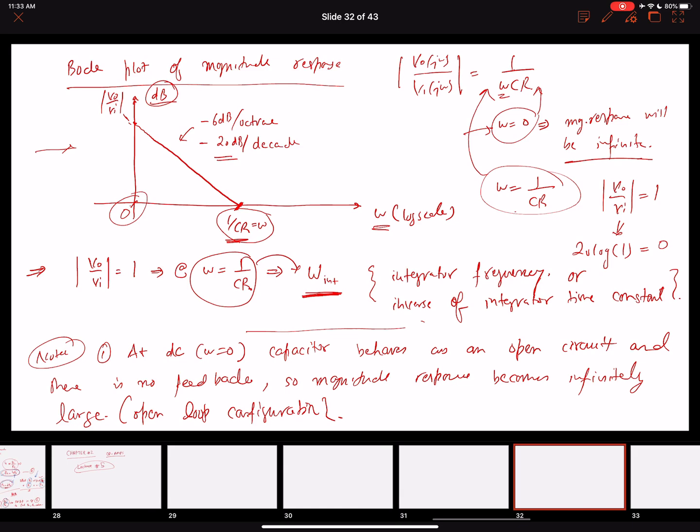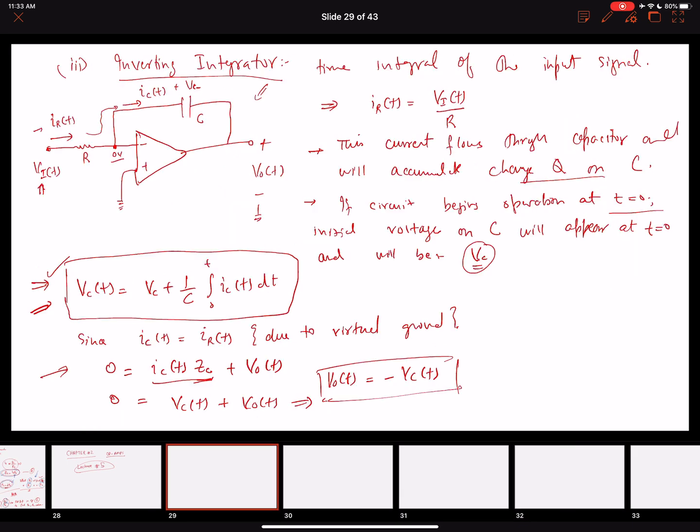We can also see this phenomenon just by looking at the circuit over here. We have a capacitor, and at omega equals 0, we know that XC is 1 over j omega C. So when omega becomes 0, our XC becomes infinite, so it behaves like an open circuit.